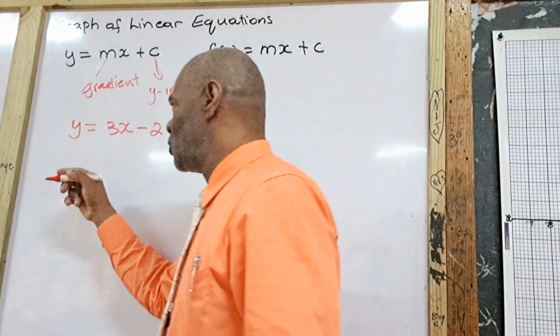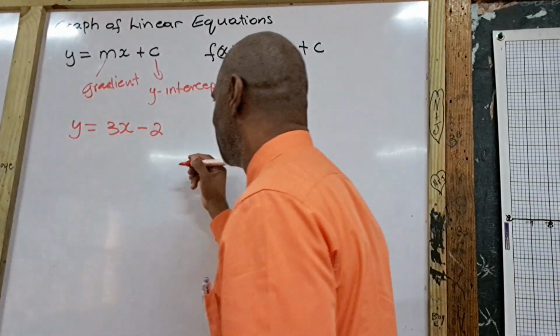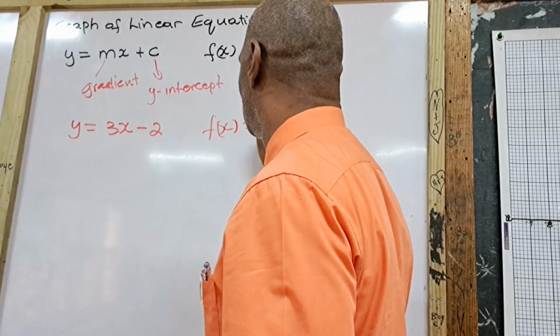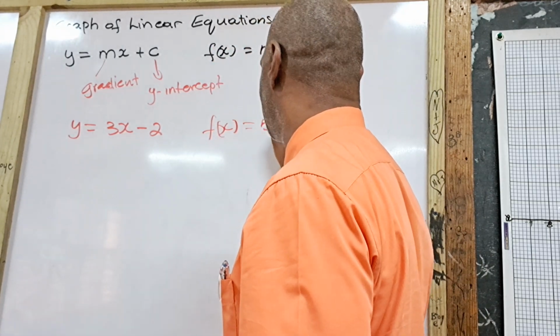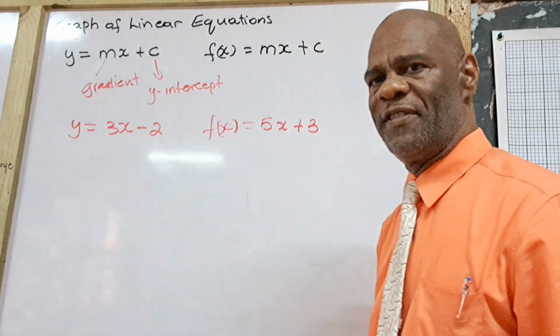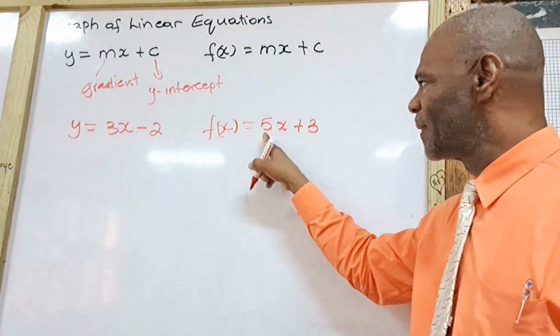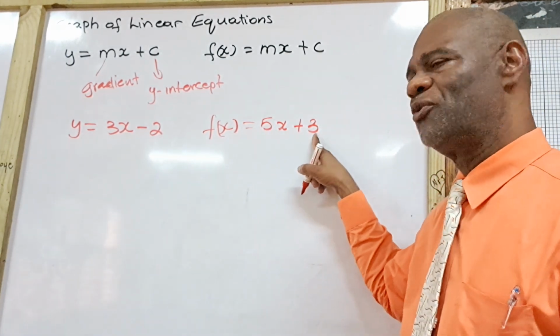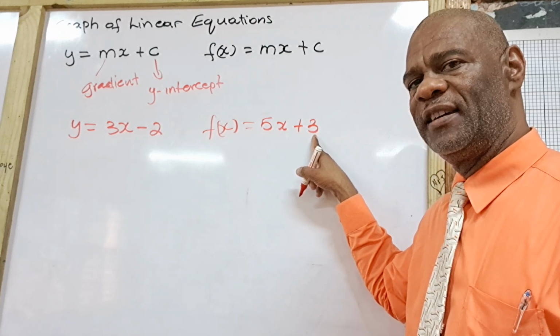Now let's look at another equation. If we have f of x equals 5x plus 3, then 5 represents the gradient and 3 represents the y-intercept.